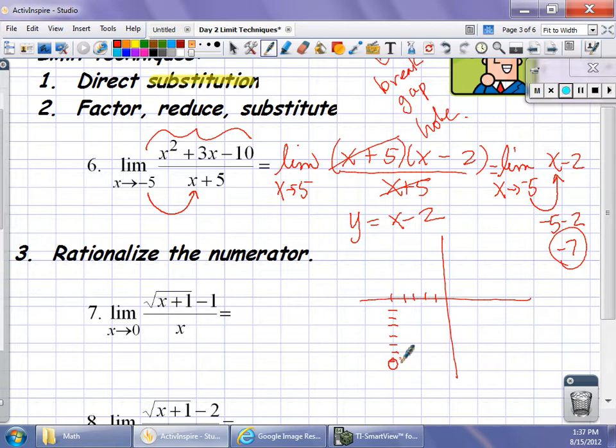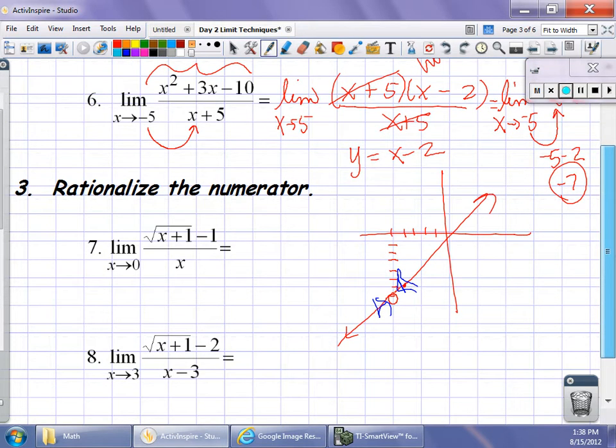And then the line, let's see, my slope is rise 1 run, so my line would look something like that. It's a graph with a hole in it. The limit does exist because as we approach from the left side and from the right side, we are moving closer to the same y value. Even though we can't get there, what we are approaching agrees.